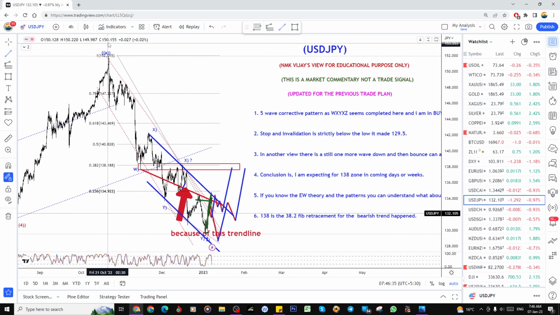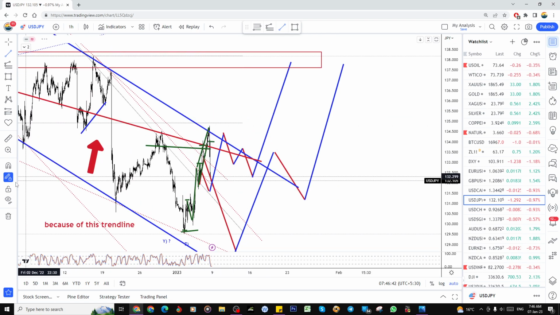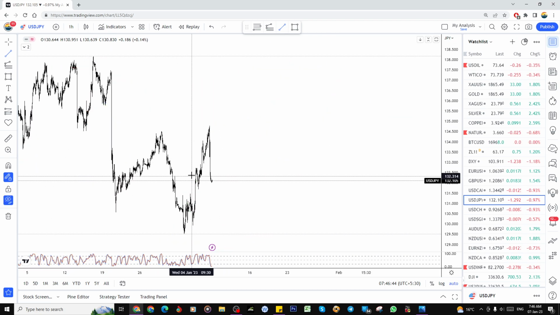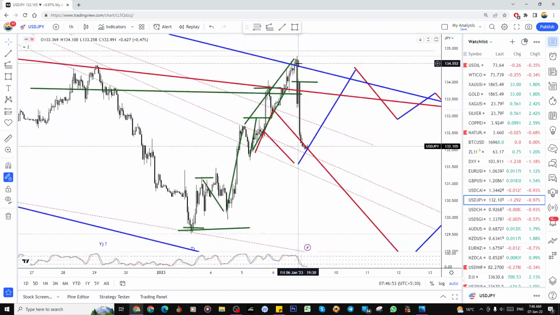Like UJ, look at this in that one chart, right? Look at this, this is the rising wedge. Once the wedge got broken, look at this fall, how aggressive. So like that, there is a chance in the gold also.